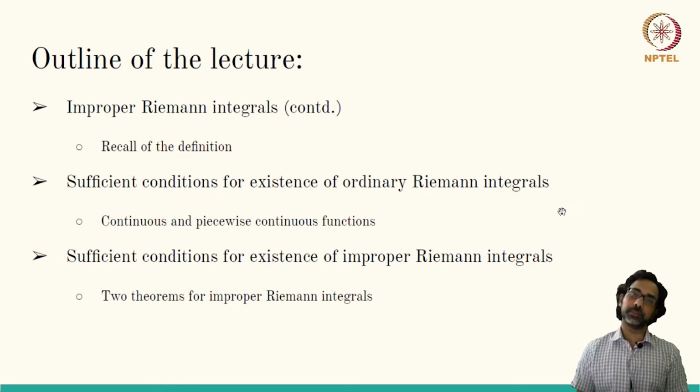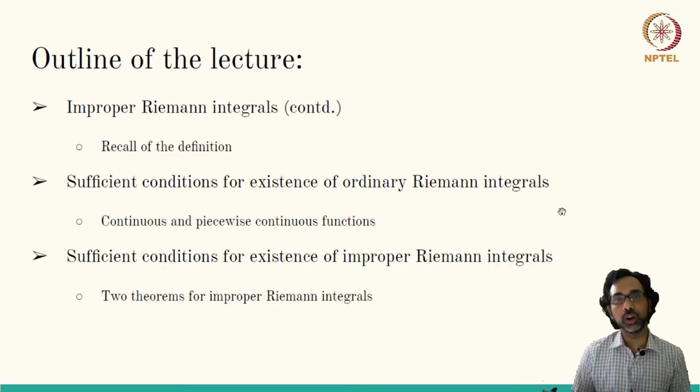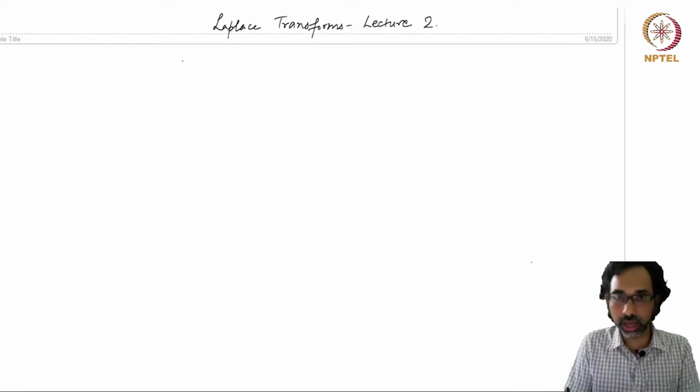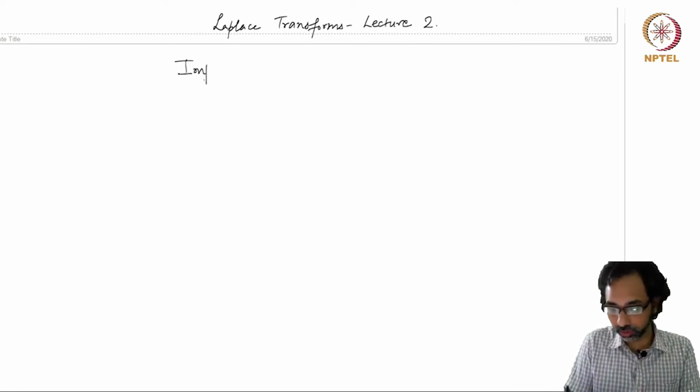But before we do that, we will also see the sufficient conditions for ordinary Riemann integrals, and we will cover the definitions of what are called continuous as well as piecewise continuous functions. And then after we have done that, we will see two theorems on sufficient conditions for the existence of improper Riemann integrals.